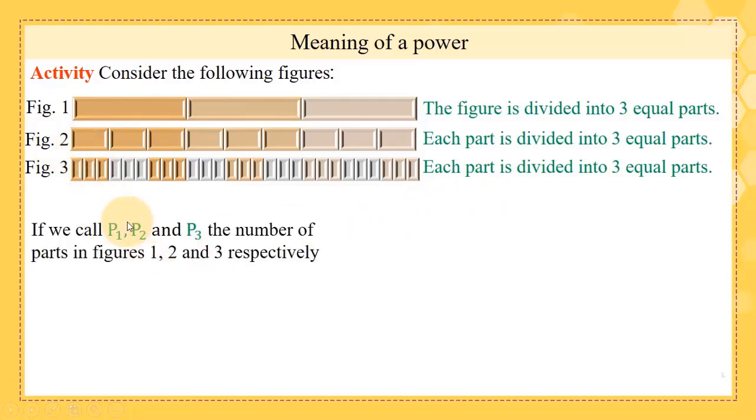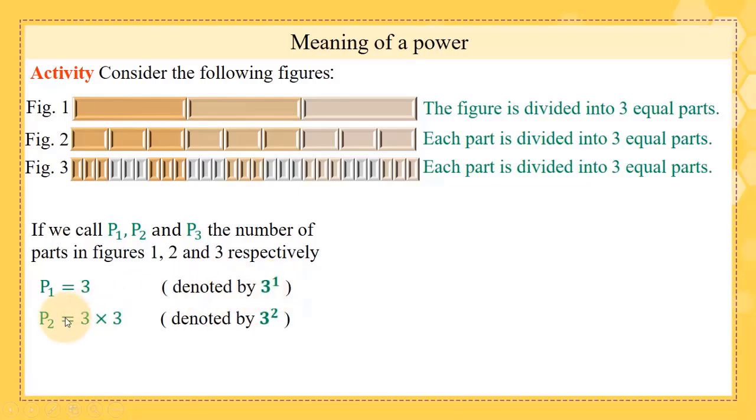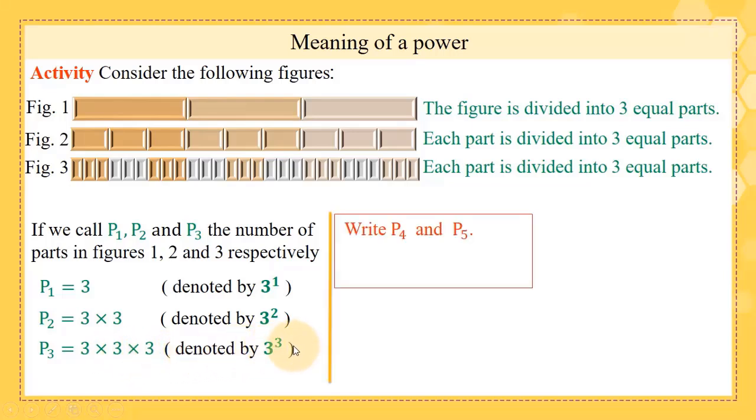If you call P1, P2 and P3 the number of parts in figures 1, 2 and 3 respectively, then P1 equals 3, denoted by 3 exponent 1, P2 equals 3 times 3, denoted by 3 exponent 2, and P3 equals 3 times 3 times 3, denoted by 3 exponent 3.